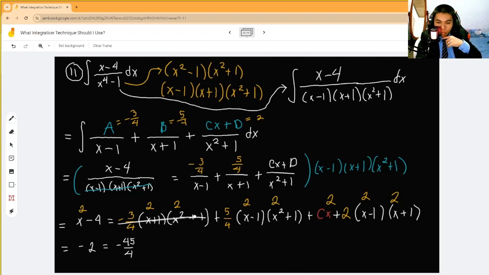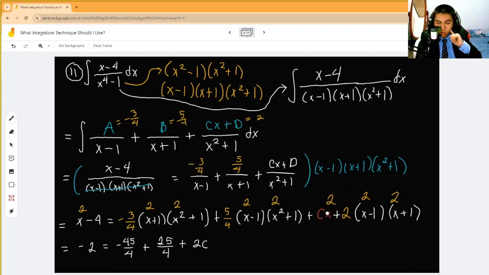This is this whole part right here. Plus, this is going to be 1. 2 times 2 minus 1 is 1. Then 2 squared plus 1 is 5. So that is 5/4 times 5, which is 25 over 4. This is this whole part right here, plus 2c.